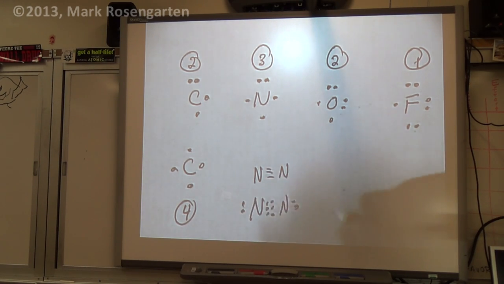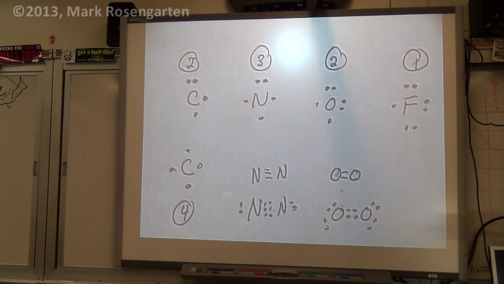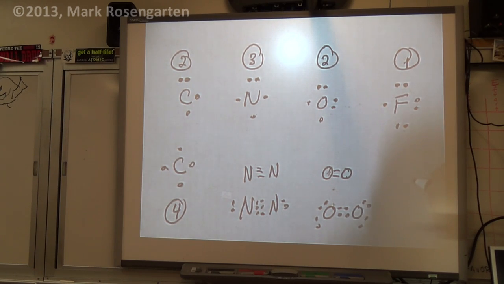Oxygen has 2 places where it can bond, so oxygens will share 2 pairs of electrons to form a double bond. Fluorine only has 1 electron to share, so when it bonds with itself, it can only form a single bond, where this unpaired valence electron is shared with another fluorine's unpaired electron.